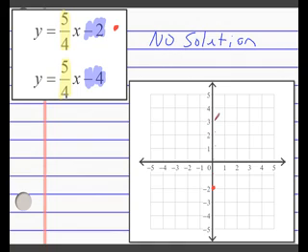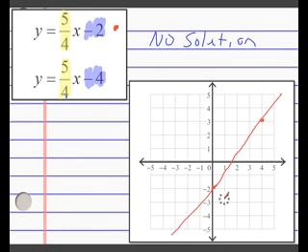And over 4: 1, 2, 3, 4. Normally you would want more than 2 dots to graph your line. However, we really don't have that much room on this particular coordinate plane. So we're just going to go with these 2 dots and go off the graph.